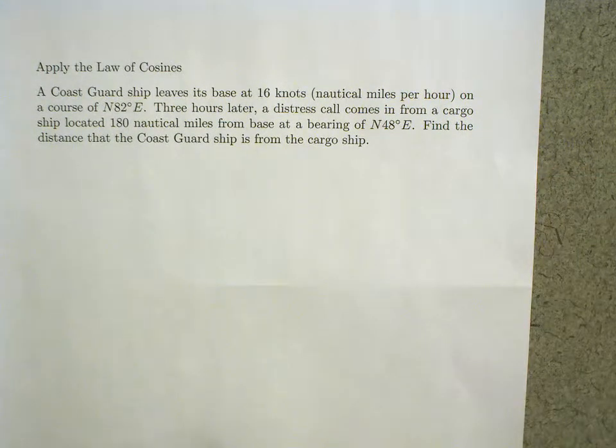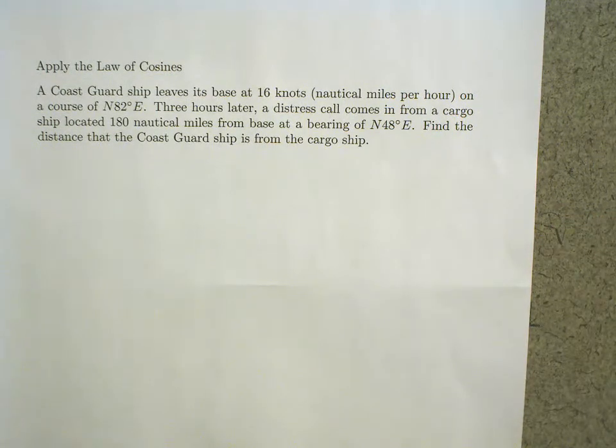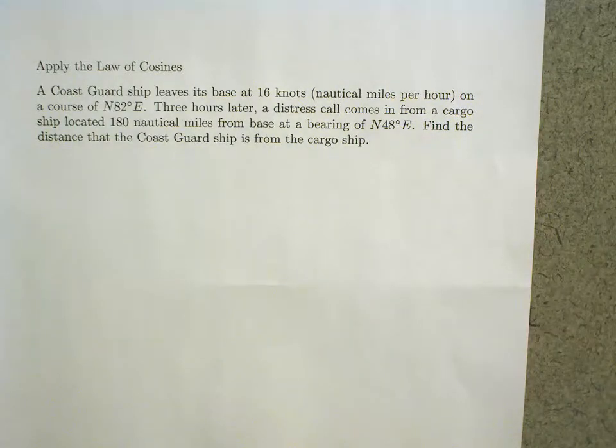A Coast Guard ship leaves its base at 16 knots, which are nautical miles per hour, on a course of north 82 degrees east. 3 hours later, a distress call comes in from a cargo ship that's located 180 nautical miles from base, at a bearing of north 48 degrees east. Find the distance that the Coast Guard ship is from the cargo ship.